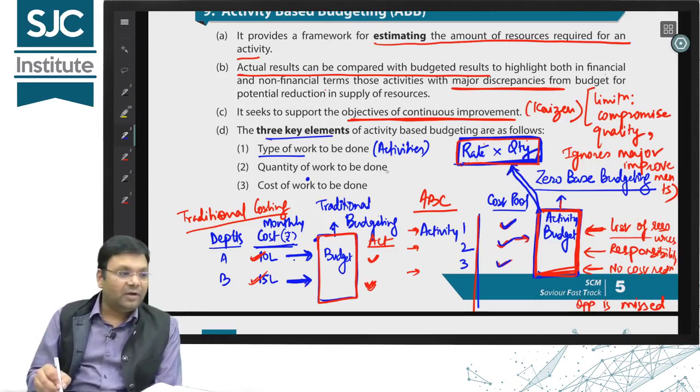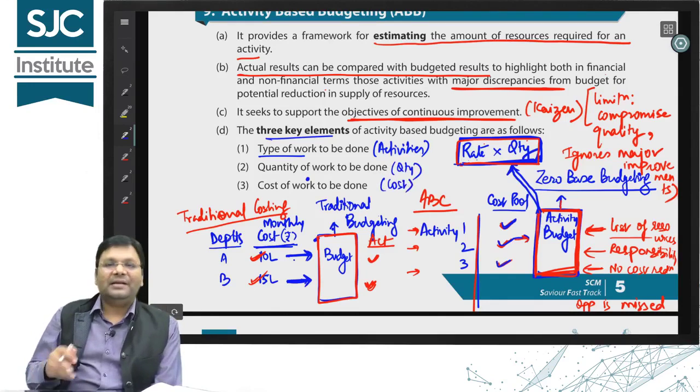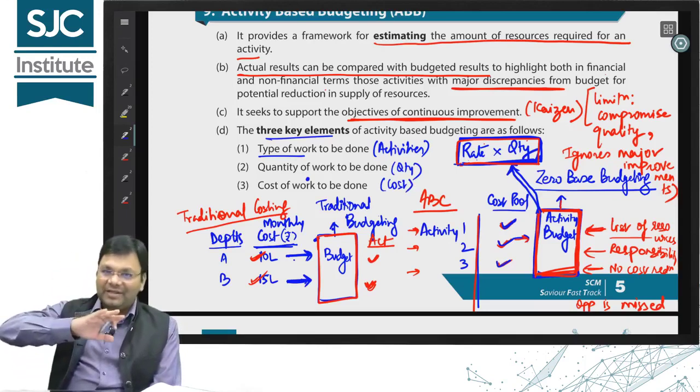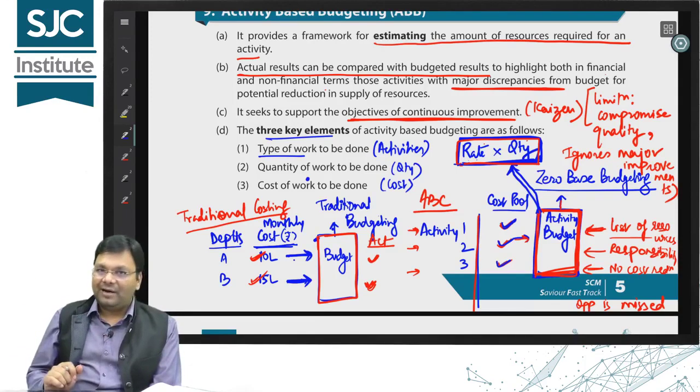And lastly, what will be the cost? So you'll get to know three things: the activity, the quantity of resources required in that activity, and the cost of such resources. So these are the three things on which activity based budgeting is based.